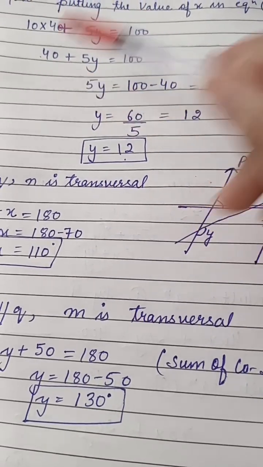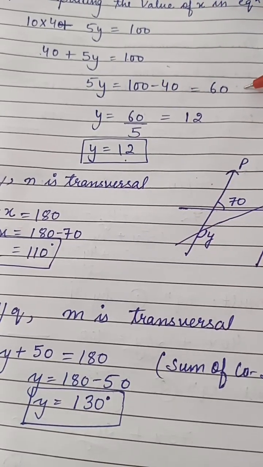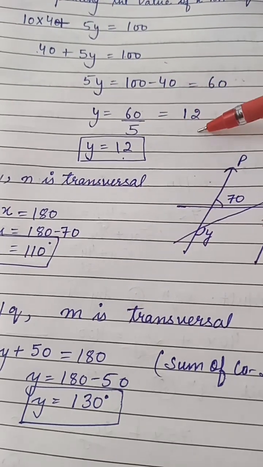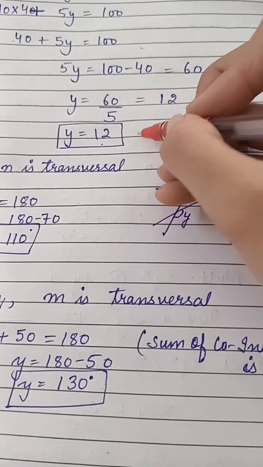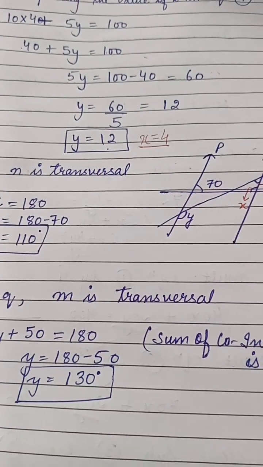Left hand side plus, right hand side minus. 100 minus 40, that is 60. Here it is being multiplied, over here divide, that is 12. Okay, so we get the value of x and y both. X is 4 and y is 12.